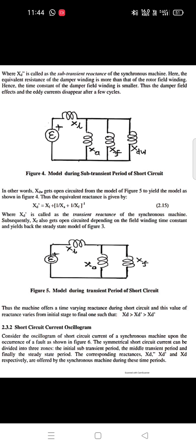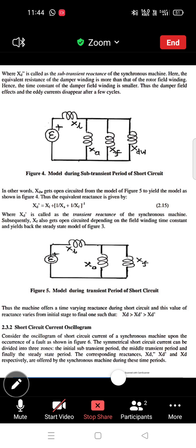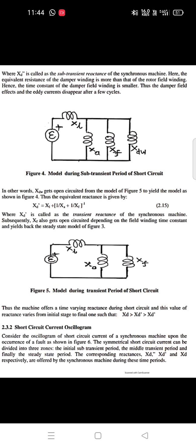Thus, the damper winding effects and the eddy currents disappear after a few cycles. So the damper winding acts only for a few cycles, and afterward it dies out. In other words, the damper winding gets open circuited, which yields the model shown in the figure.